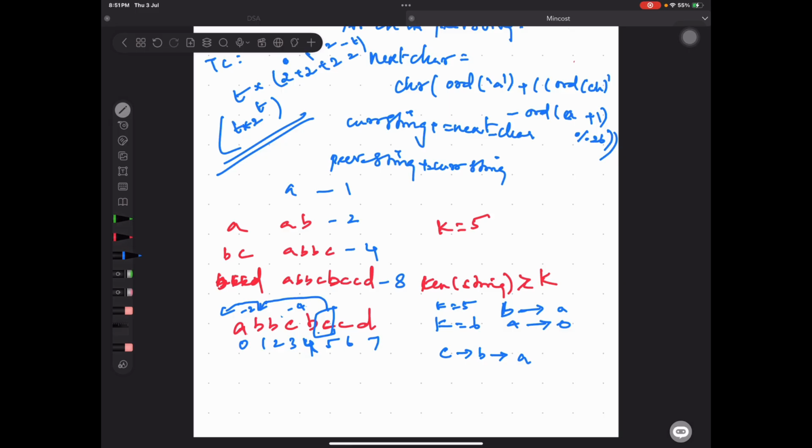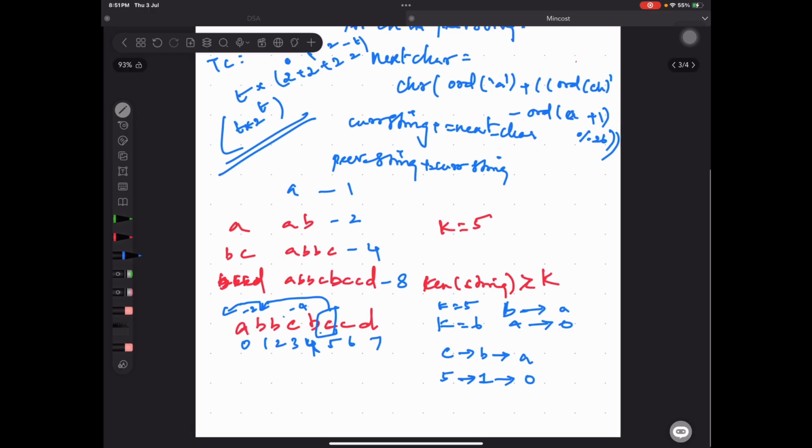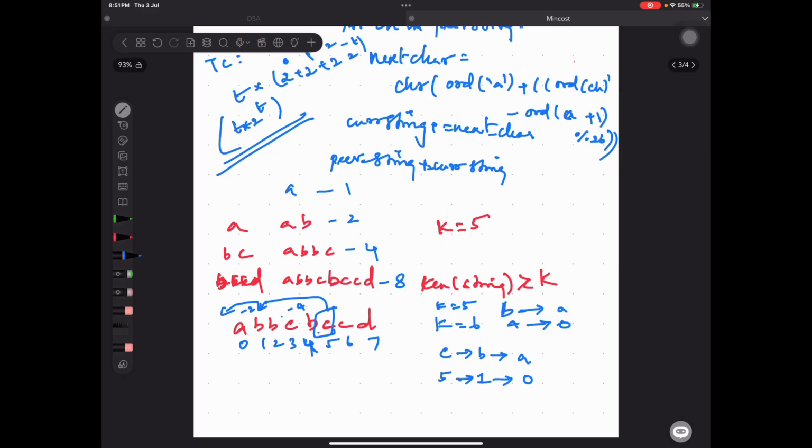So what all the 5 to 1 to 0. Let's assume like this. So what we are doing, basically, whatever the previous lengths of the string would be responsible to contribute to the next length.